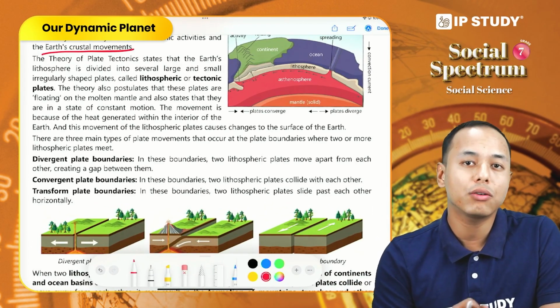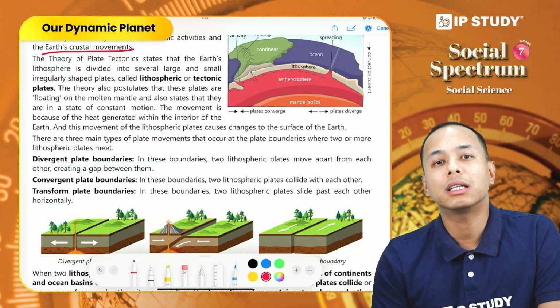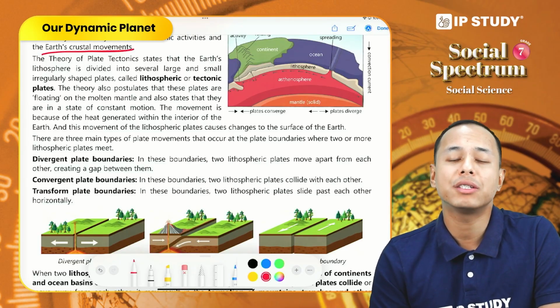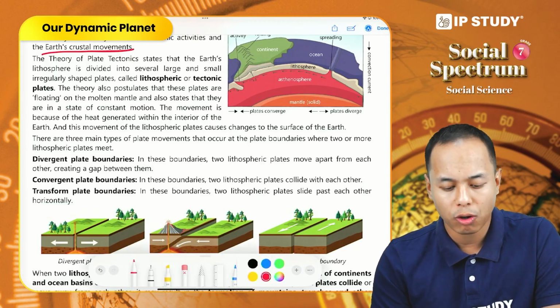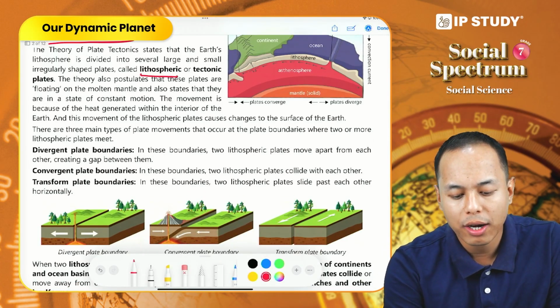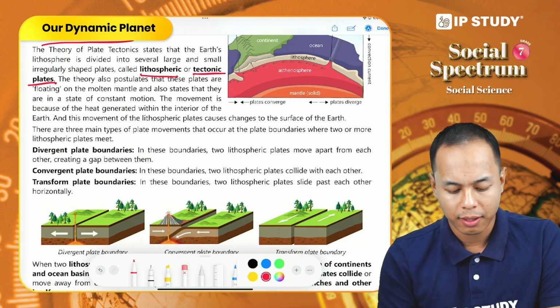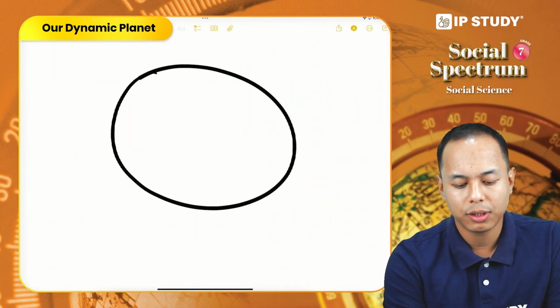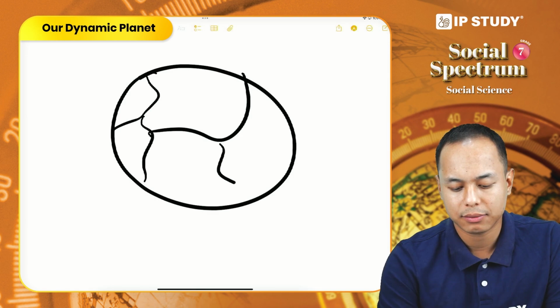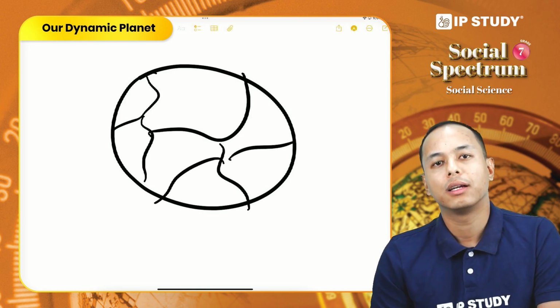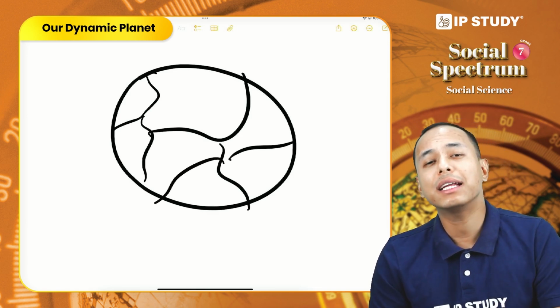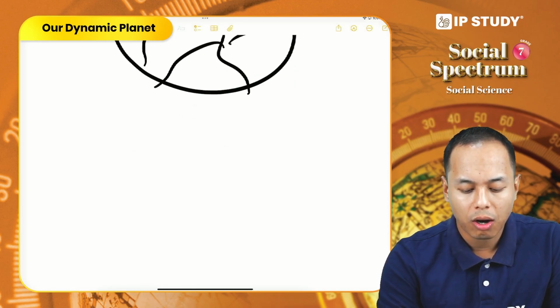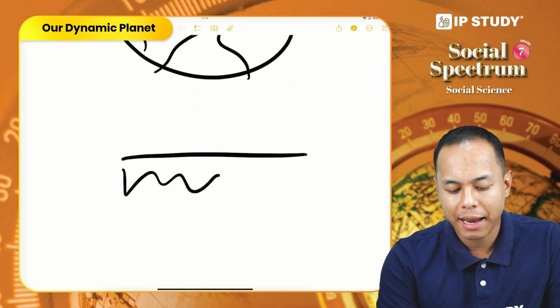The plate tectonic theory states that the Earth's lithosphere is composed of several minor and major plates, and these plates are called lithospheric or tectonic plates. Suppose this is our Earth, so it is formed of different plates like this. These plates are floating on the molten mantle below.